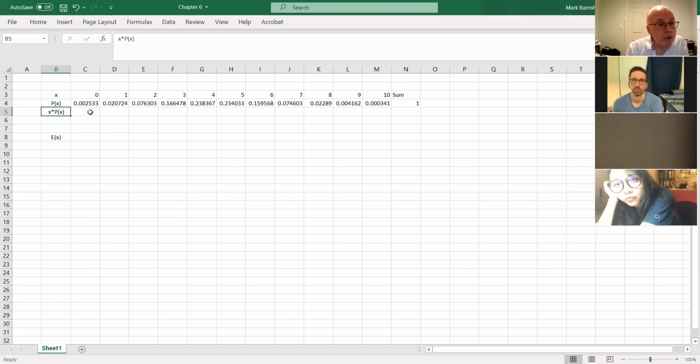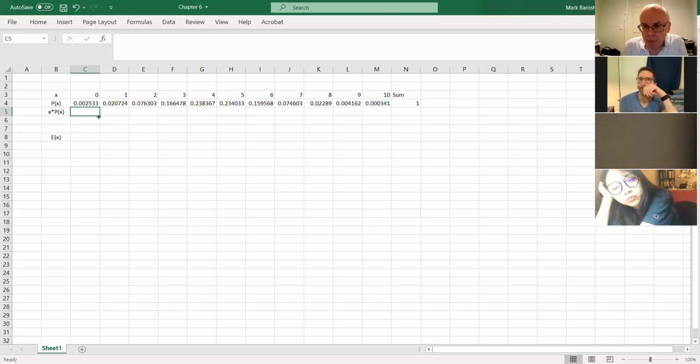The reason why I want to do that is because, if you remember the case where we had a histogram, where I asked you to come up with an estimated mean of the histogram, what did we do? We found the midpoint for each of the classes. And then what did we do? We multiplied the frequency times the midpoint.